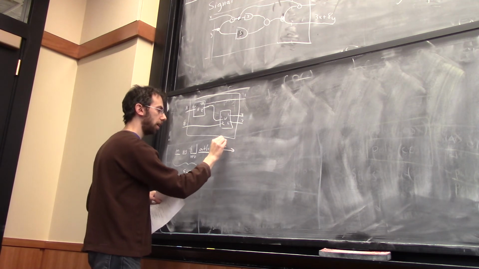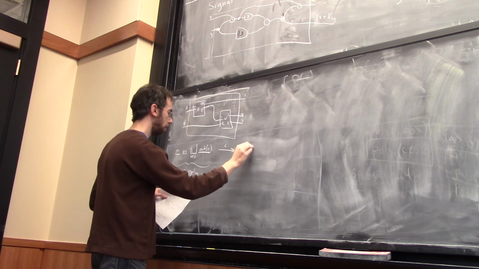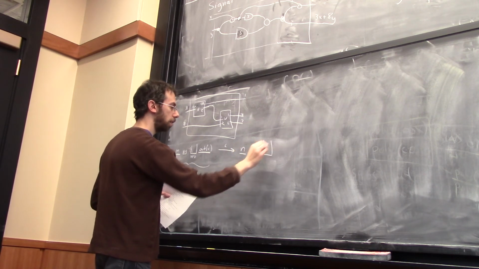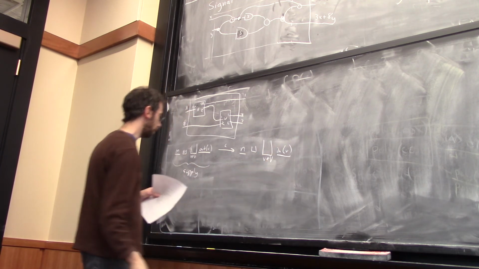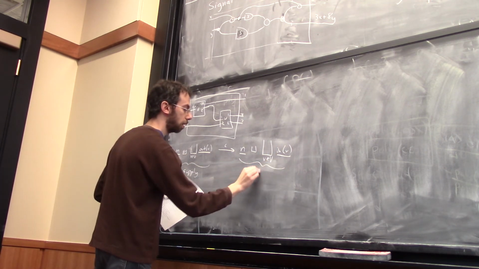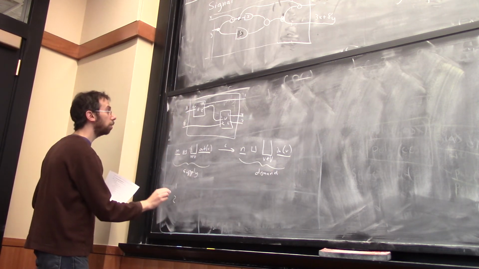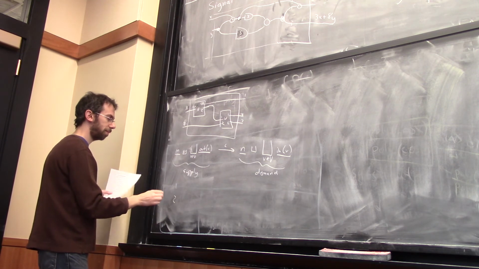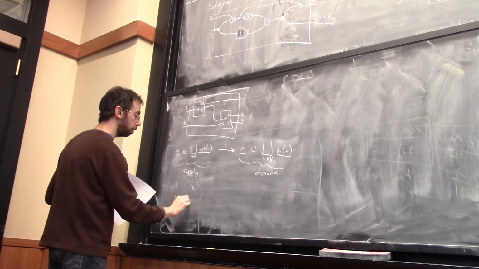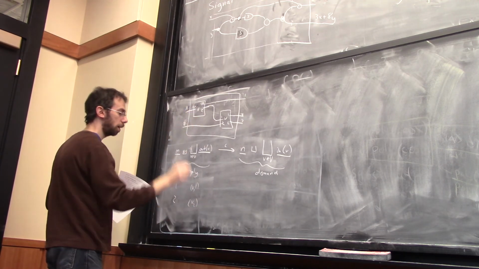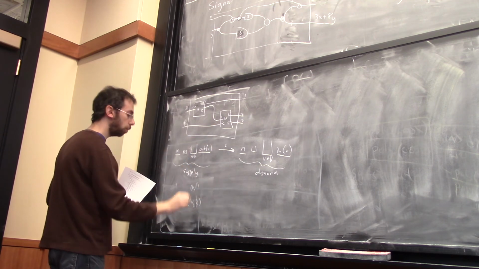Iota is the name of the map, to N, disjoint union, the disjoint union over all V in V of in V. Okay, so in this case, we have 1 and 2 there, and we have V1 and V2 here, and we have W1 and W2.